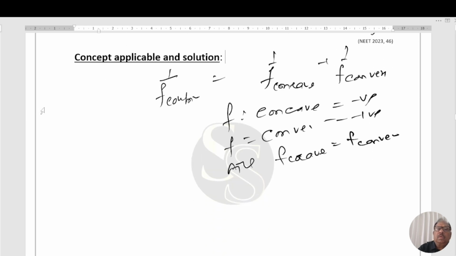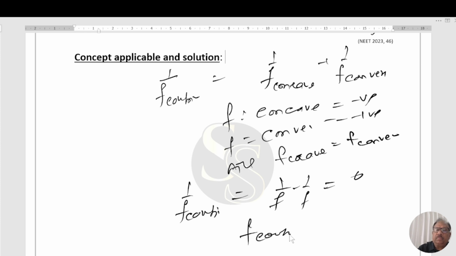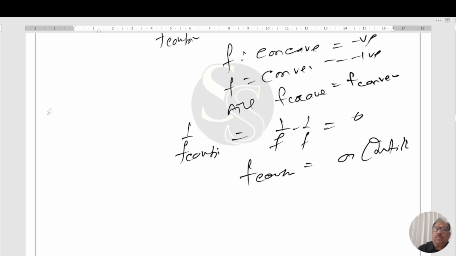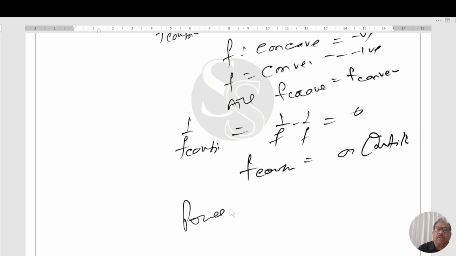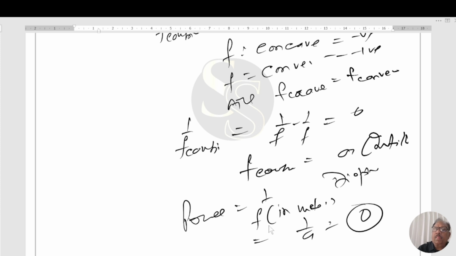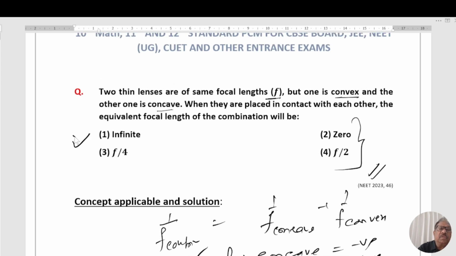Therefore, 1 by F combination is 1 by F minus 1 by F, that is 0. F combination will be infinity. If we talk about power, power will be 1 by F in meter, and the unit is diopter. So power will be 1 by infinity, that is 0. So our answer is F is infinity. First answer is the correct option, right?